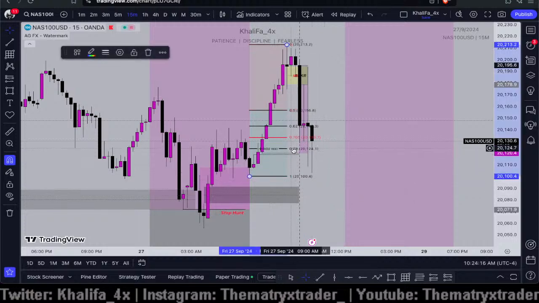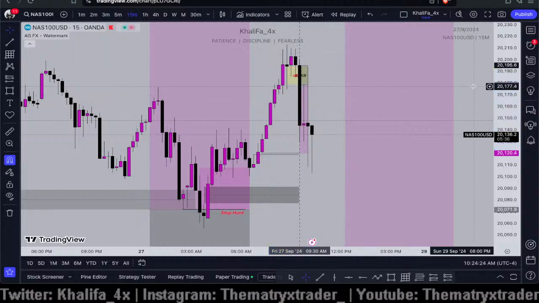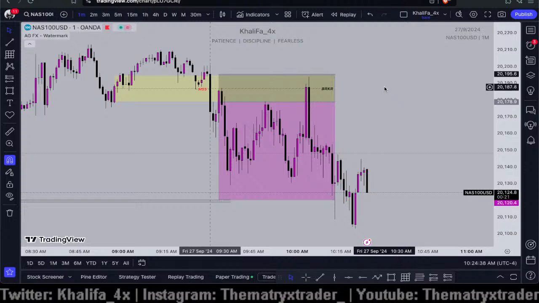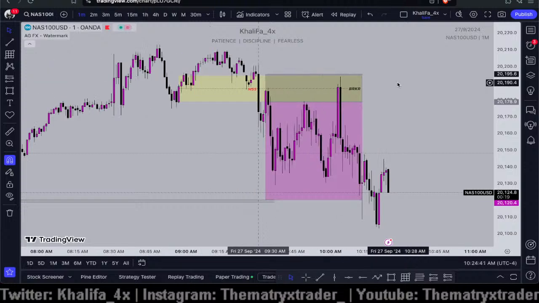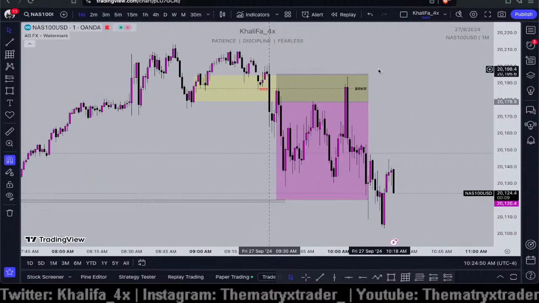Let me remove these optimal trade entries so that you folks don't have them. All right. And this happens just because of Friday's volatility. That's the only reason.